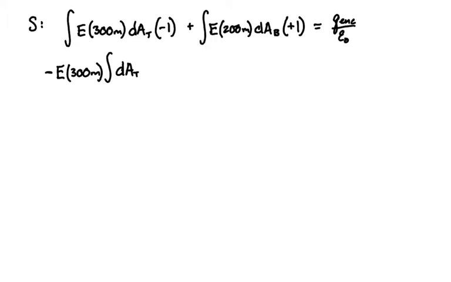Okay? So in this case, instead of x, it's A, our area, the area of the top. So negative electric field at 300 meters times the area of our top surface. All right, now I want you to do the other one. I want you to go through the same thought process and see how you do on your own.